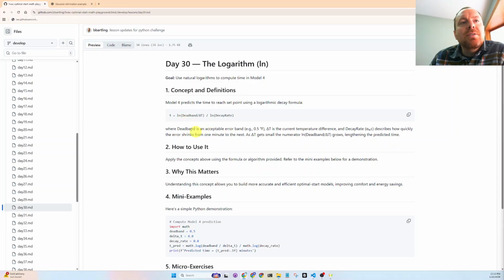I should go back into the paper, but I think alpha A is the deadband, alpha B parameter was the delta temperature, which is the difference between zone temp and the occupied zone temp set point, and then the decay rate, or alpha C. I think that's the parameter that we were computing, the iterative approach. Oh yeah, it says right here. The decay rate, alpha C.